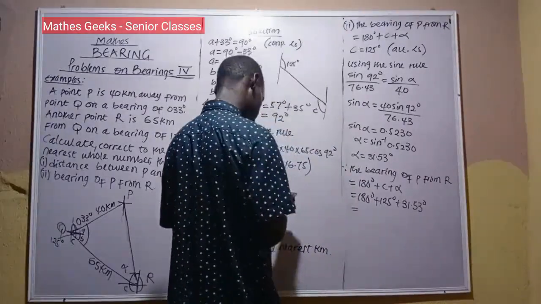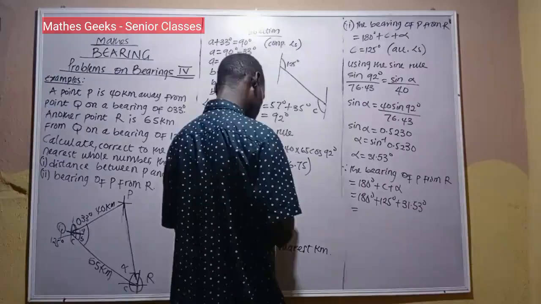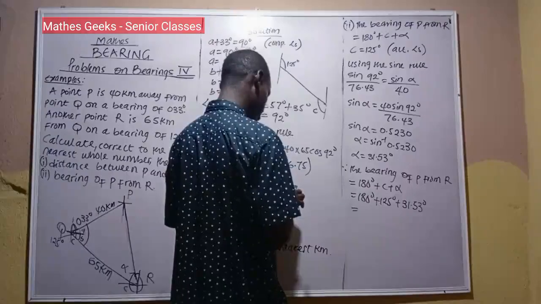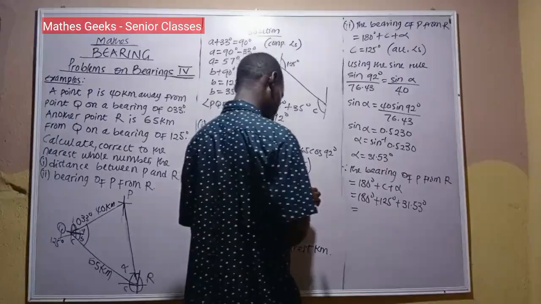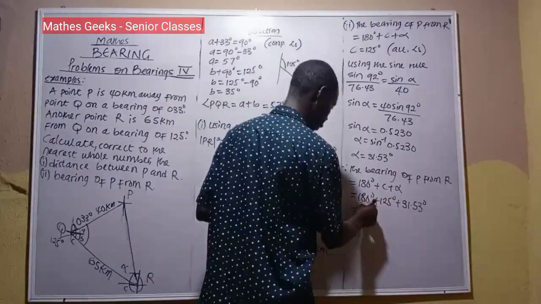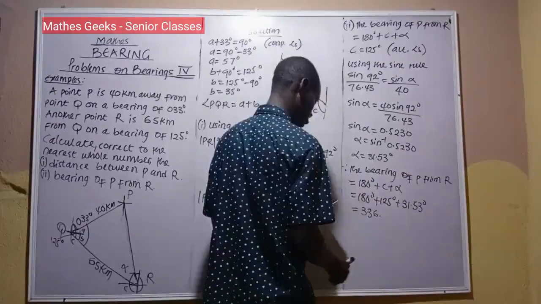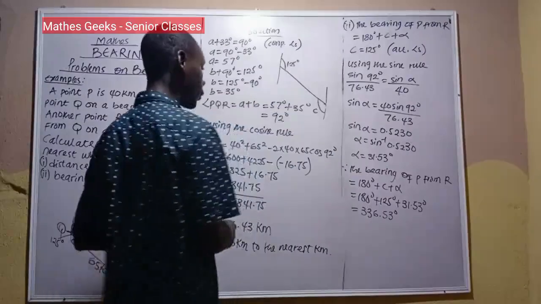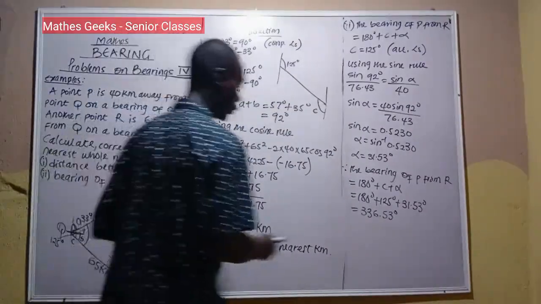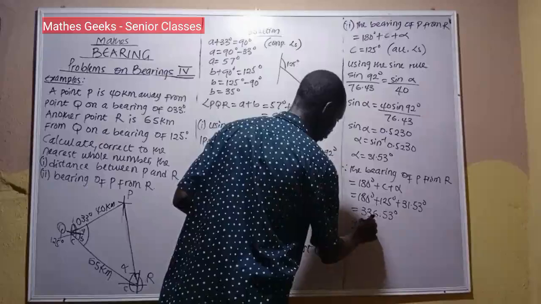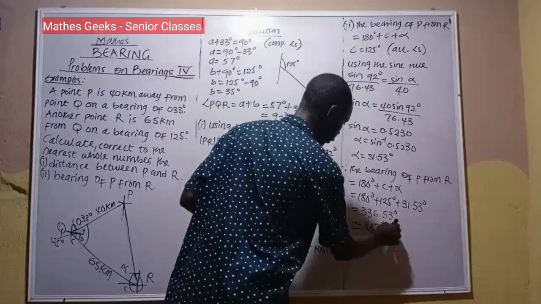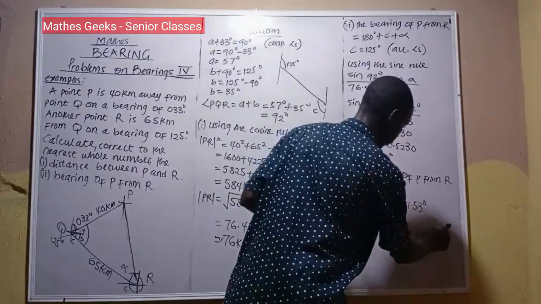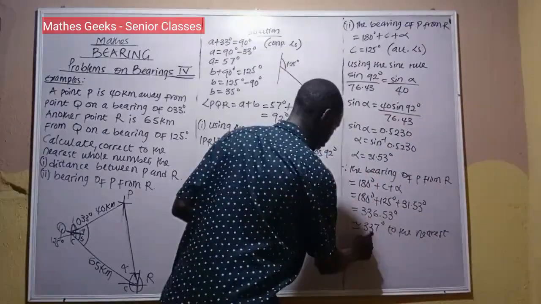So 180 plus 125 plus 31.52 is 336.52 degrees. So that's your answer. To the nearest degree, it would be approximately 337 degrees.